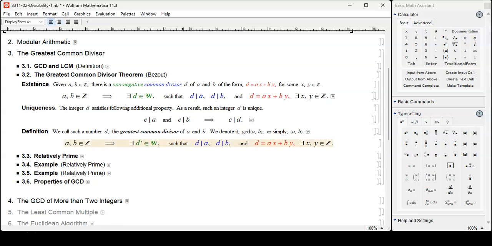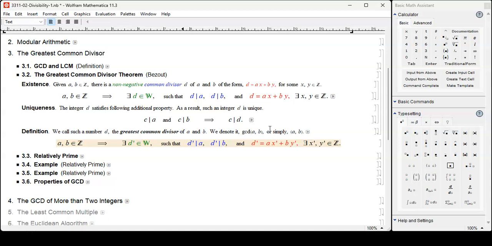If there were another integer, D prime, with all these properties, D prime is a whole number, D prime divides both A and B, and D prime is a linear combination, AX prime plus BY prime, with some integers X prime and Y prime, which may be different from those X and Y, then this D prime and D will end up the same. That's what we want to prove.